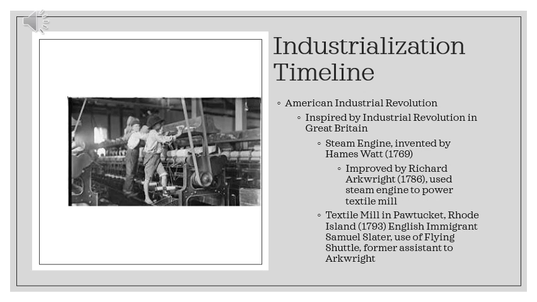This was made famous by an English immigrant named Samuel Slater, who was a former assistant to Richard Arkwright, who in 1786 used a steam engine to power a textile mill and the flying shuttle to greatly increase the production of fabric.